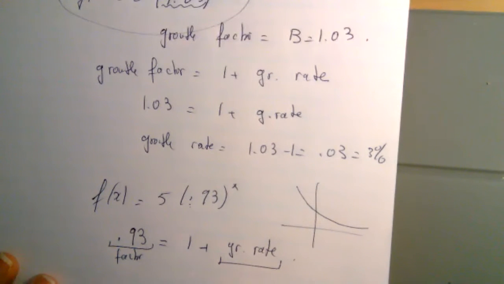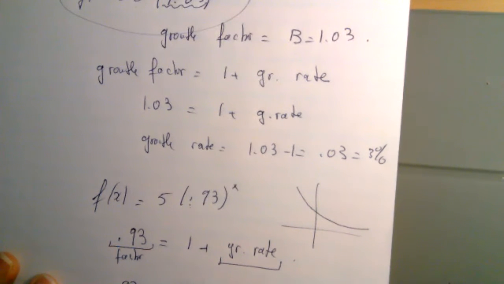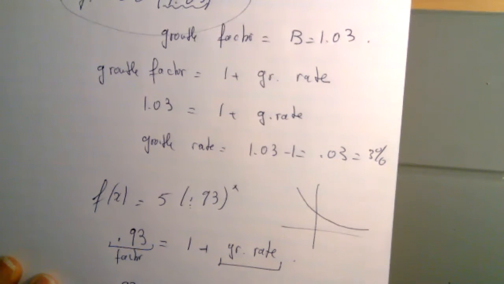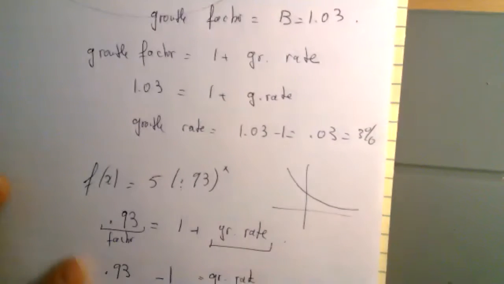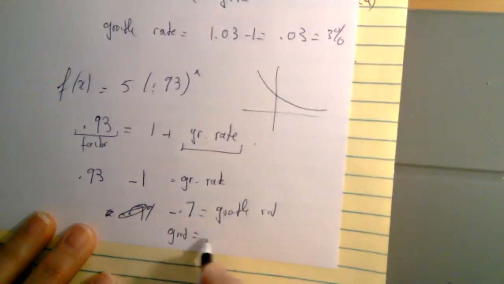And in this case, the growth rate is the growth factor minus 1. It means the growth rate is 0.93 minus 1. It means minus 0.07, meaning that the growth rate is minus 7%.